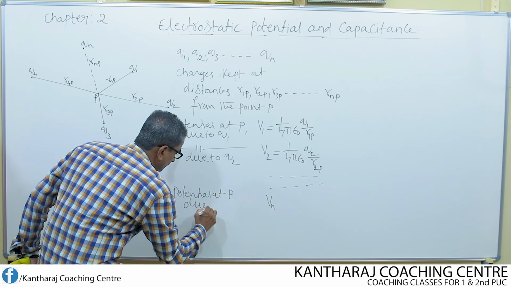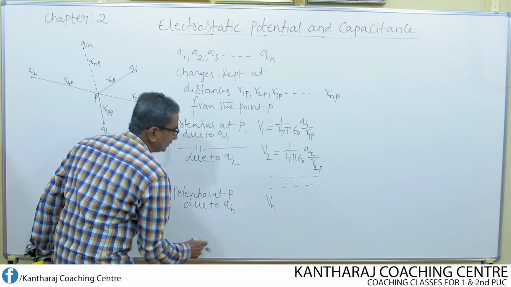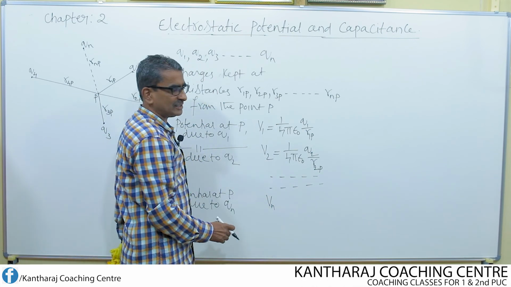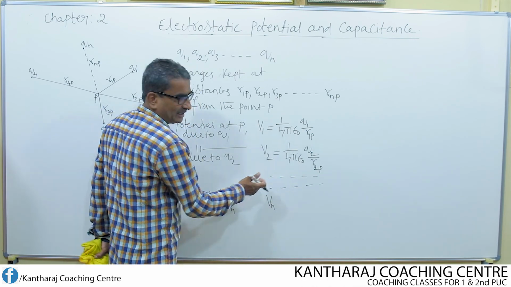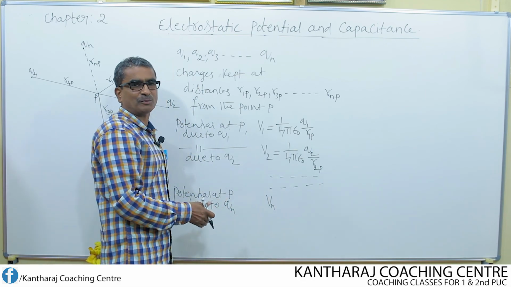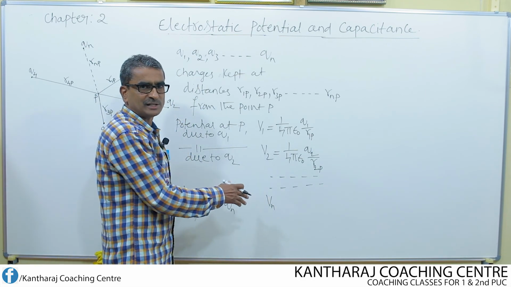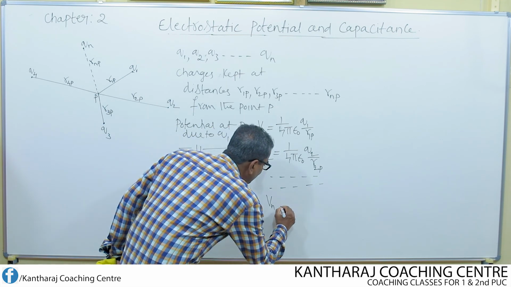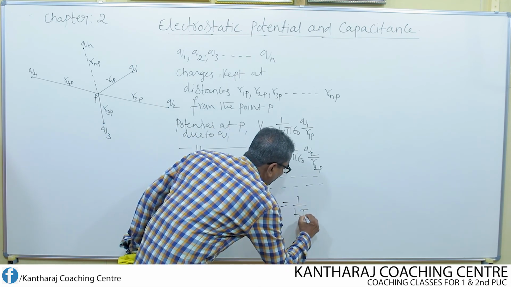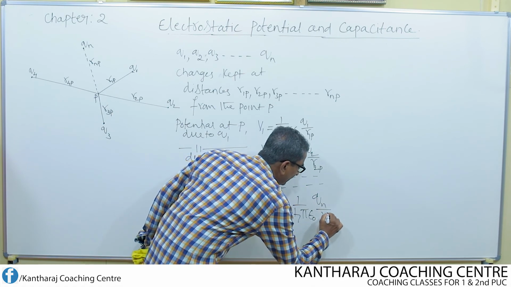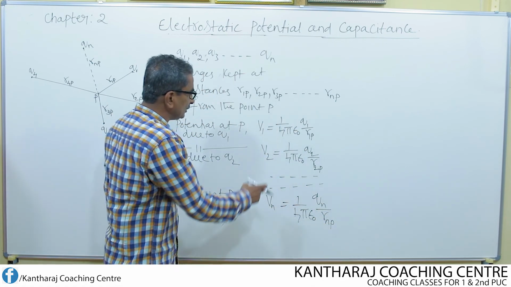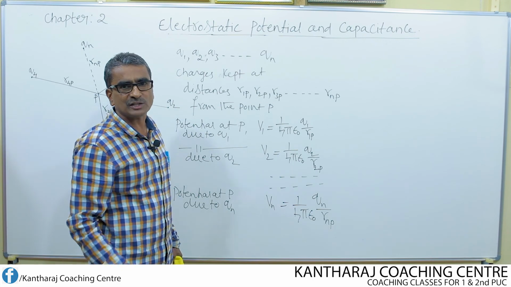No need to write all the equations, just write the equations for any two charges, then immediately jump to the last charge potential. So Vn is equal to 1 over 4 pi epsilon naught Qn divided by RnP. These are the potentials due to individual charges.